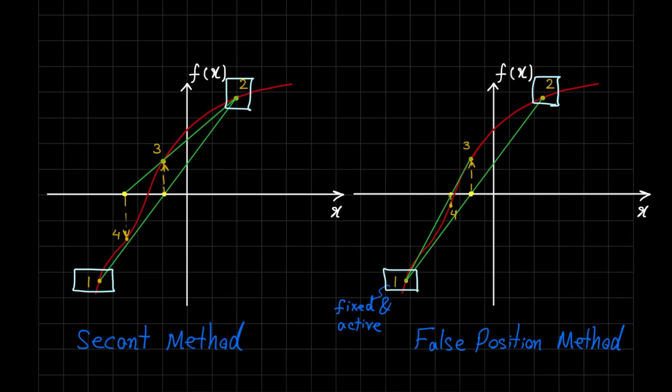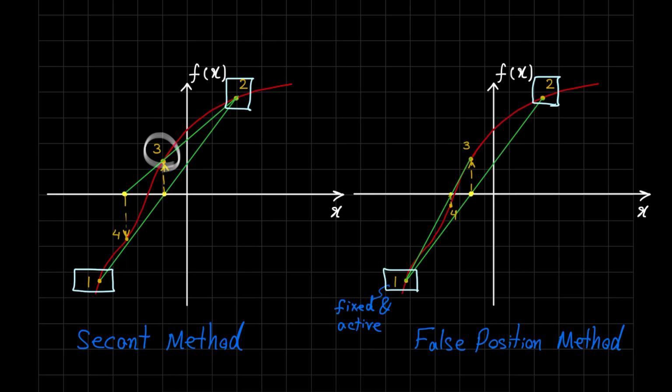So we draw the secant line between point 1 and point 2, which is this line. And then the intersection of this line with the x-axis is point 3. And we seek the value of f(x) at point 3.